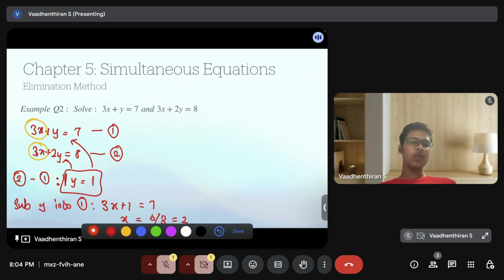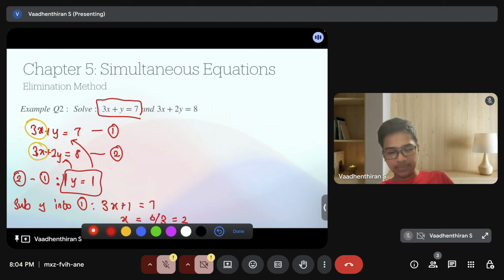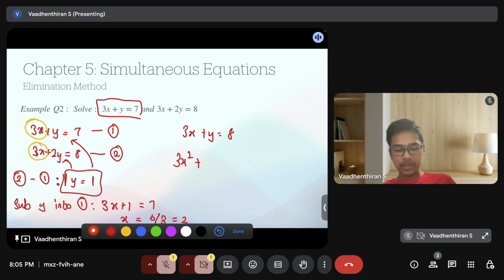There are some questions in the additional math syllabus which involve non-linear functions. So there will be some non-linear functions, polynomials also. You can have quadratics, cubics, anything other than just linear functions, where you will get one of them as a linear function and another one as a non-linear function.